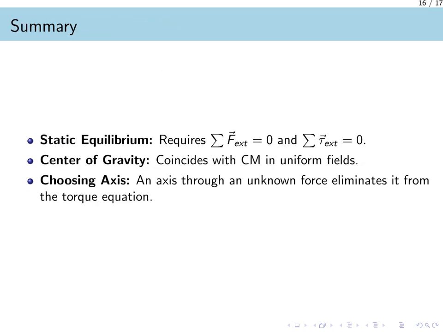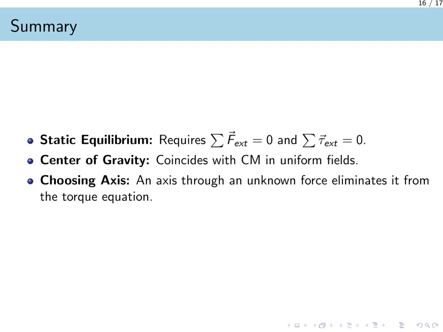Let us summarize the essential concepts for static equilibrium and highlight the most important problem-solving strategy we have learned. For an object to be completely at rest, two conditions must be met. First, the net external force acting on it must be 0, which ensures there is no translational acceleration.